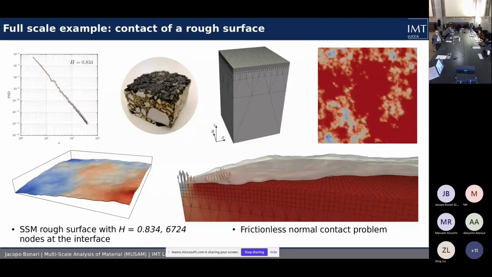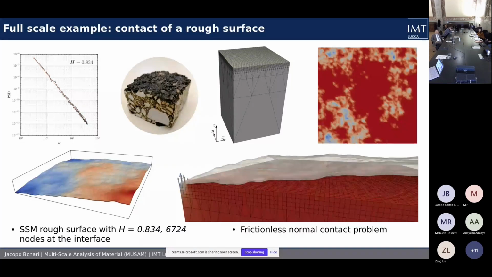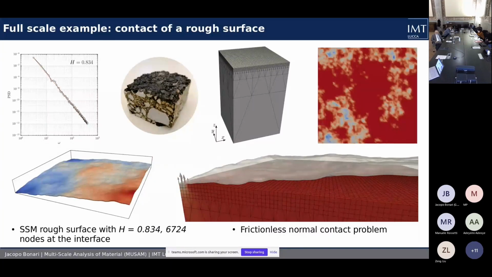We have defined our bulk, which is characterized by a very fine interface for capturing all the relevant geometrical features of our problem. And in the animation, we can see the normal traction field, which generates from the contact.